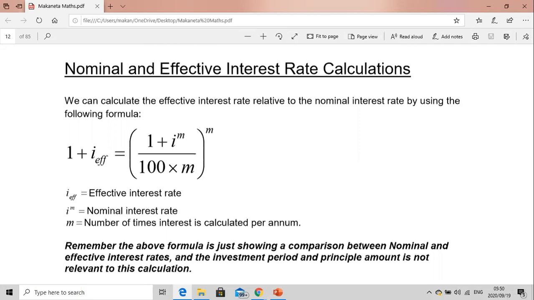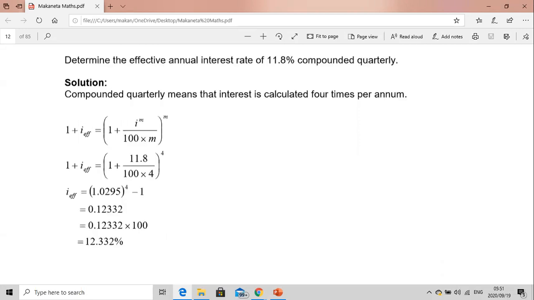Once more, it's very important at all times to look at the given data, and to remember that this formula just shows you the comparison between the nominal and the effective interest rate. So the investment period in principle is not relevant to this calculation. Right, I'm just going to give you an example now.